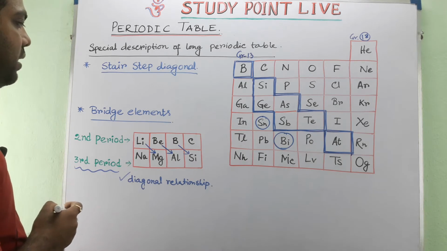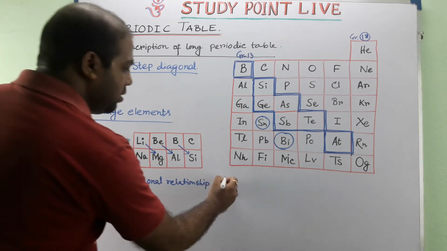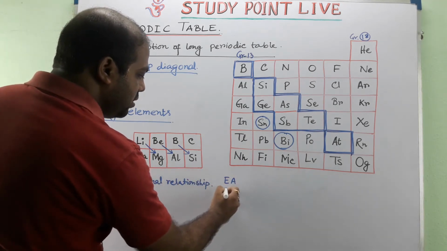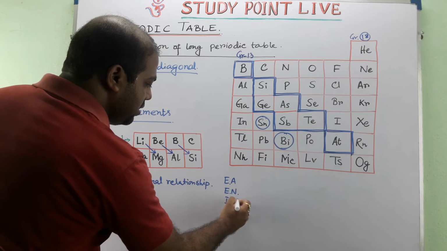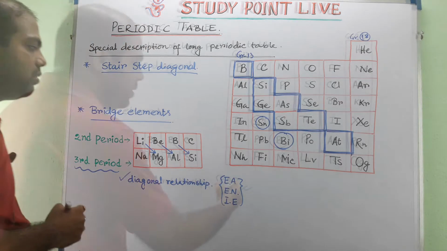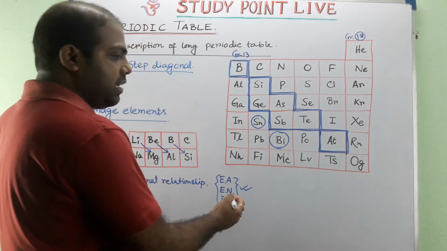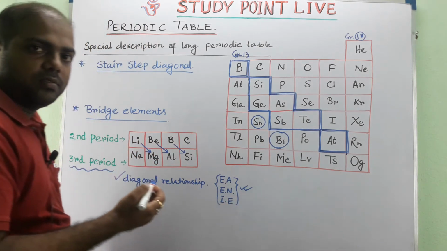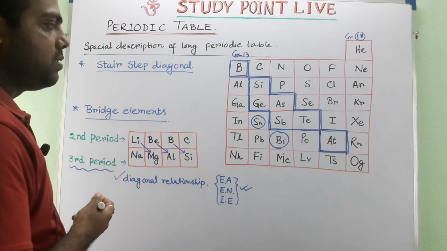is described by using electron affinity, electronegativity, ionization energy. This topic will be discussed after describing some common properties of elements.